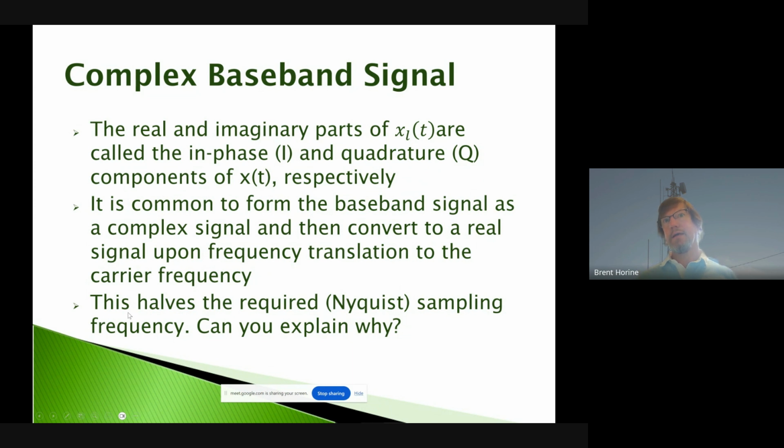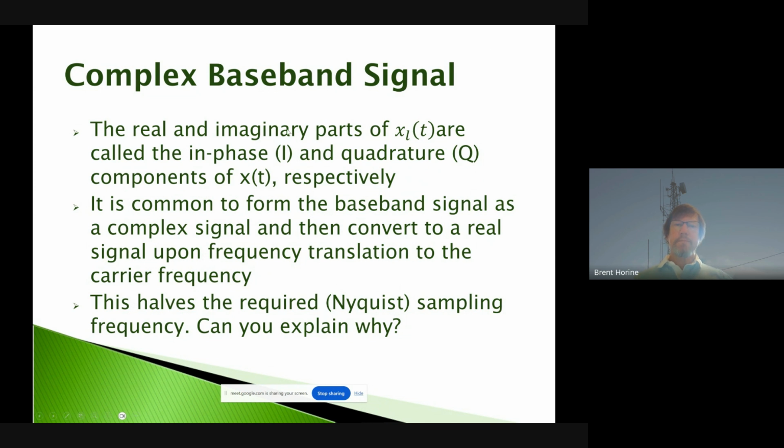So again, Shannon Nyquist said that to be able to reconstruct a sampled signal, a digital signal, sampled in time, we need to have sampled it at least twice the highest frequency in that, right?